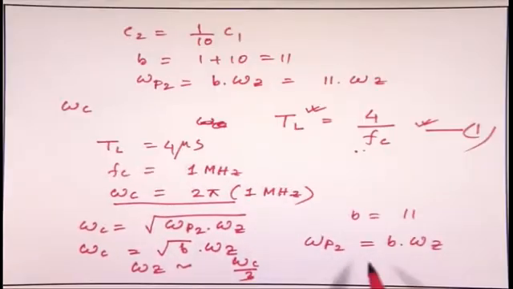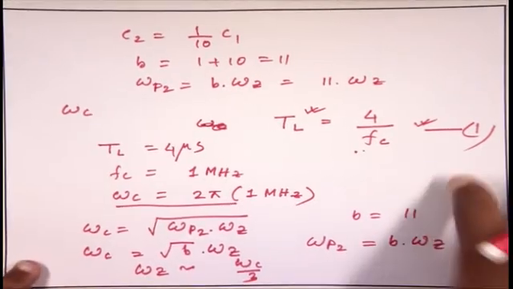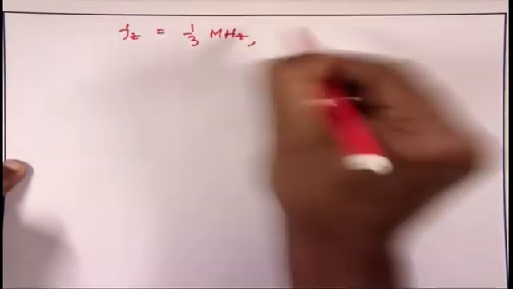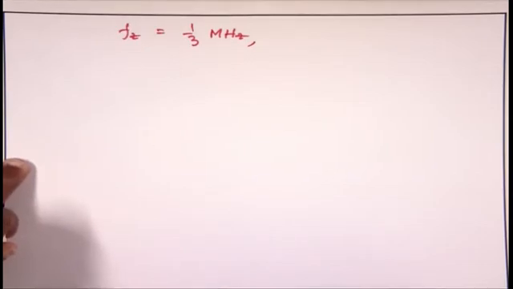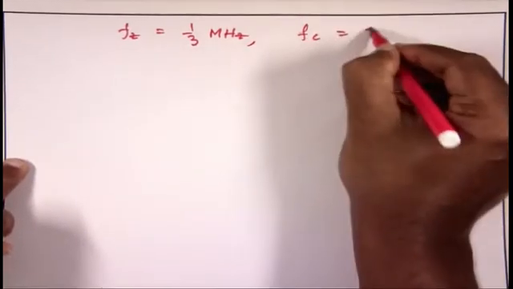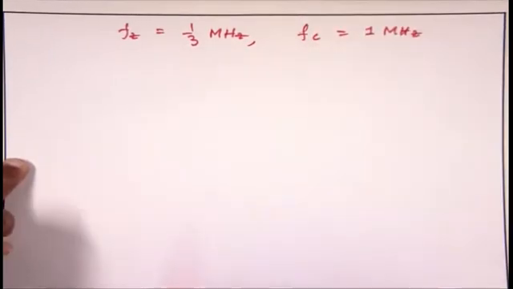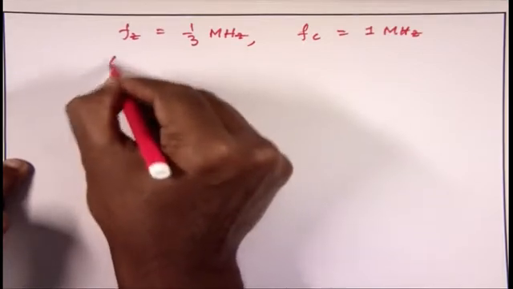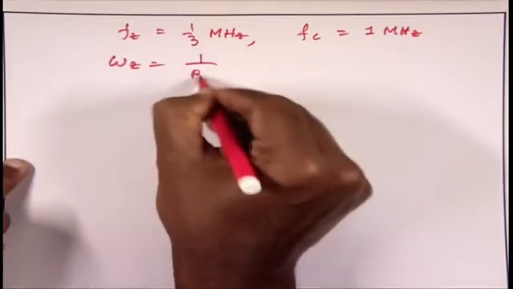So it means your zero frequency fZ is 1/3 megahertz, if your FC is 1 megahertz. Now you have the clue, because you know that omega Z is nothing but 1 by R1 and C1.